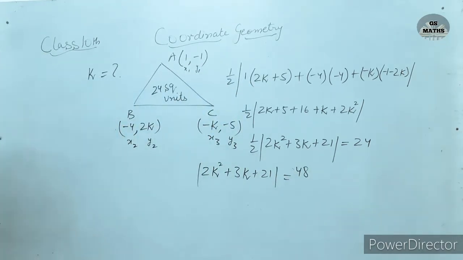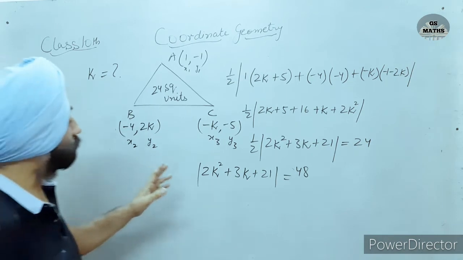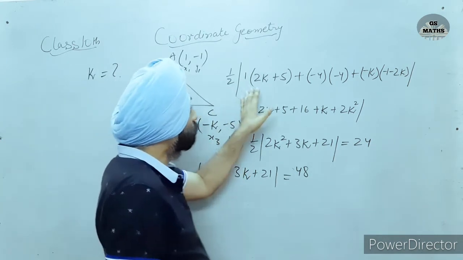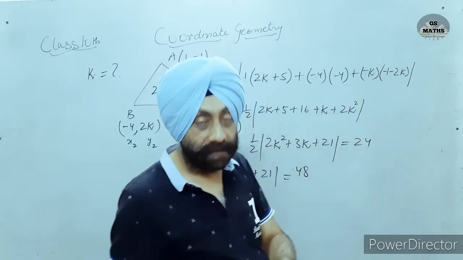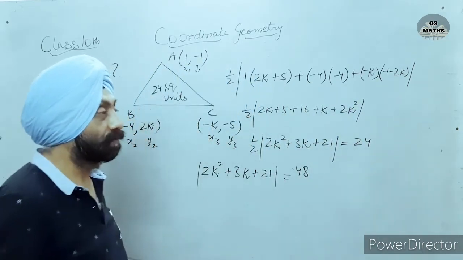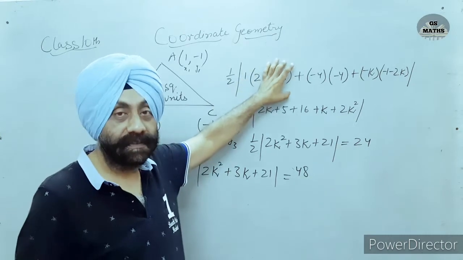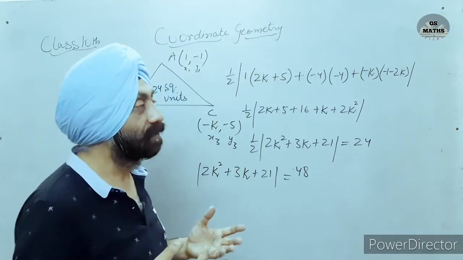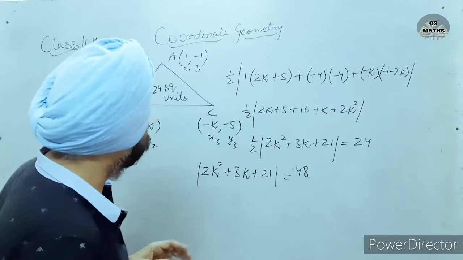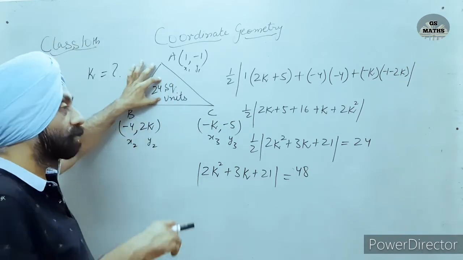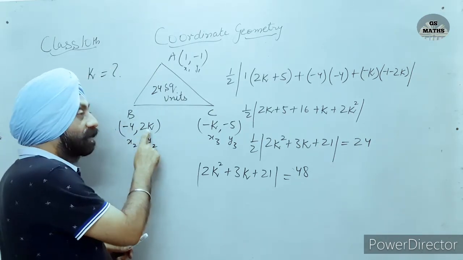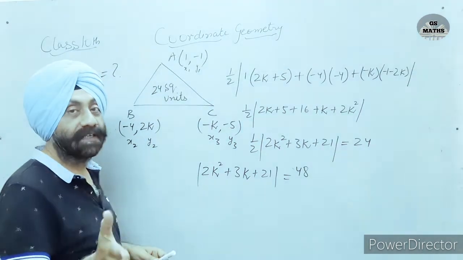Right? Now, when we calculated the area of the triangle, this value came out to be negative in the last question. In the previous question it was minus 57. We took out a positive sign, because the area of a triangle cannot be negative. Now the area of the triangle is already given to you as positive, but this k can be negative, it can be positive.